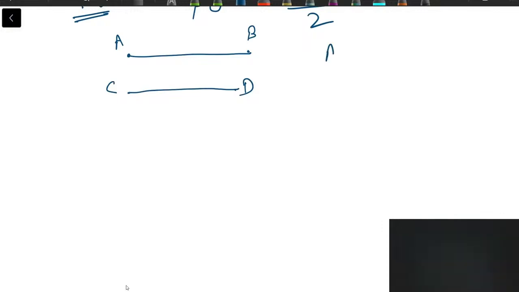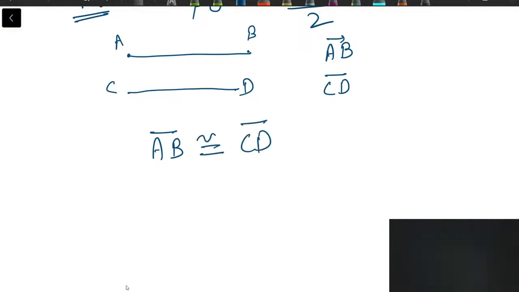In geometry we represent this as AB. This AB will be the length of this line, and CD will be the length of the other line. So if I represent AB equal to CD, after this I will put this symbol, the congruent symbol. Sorry, I said concurrent, not conjugate.